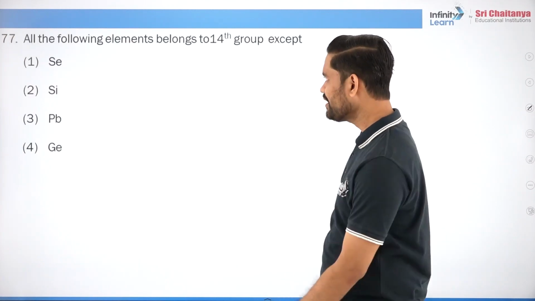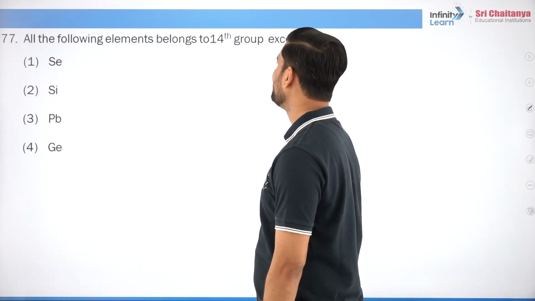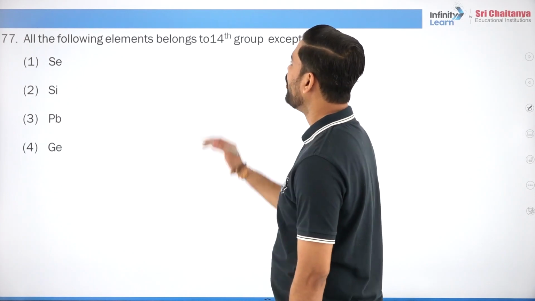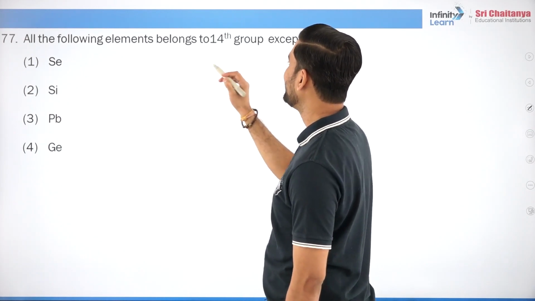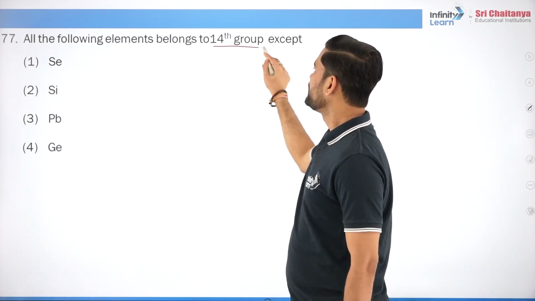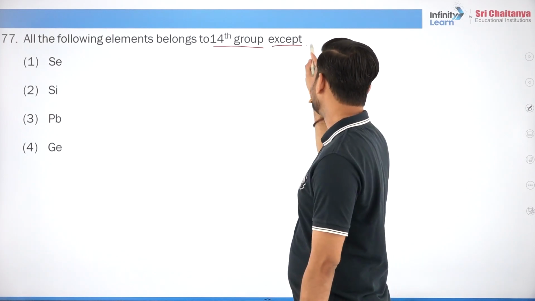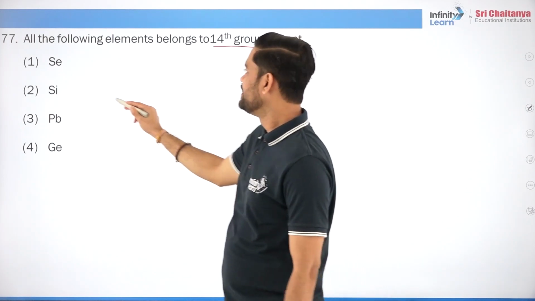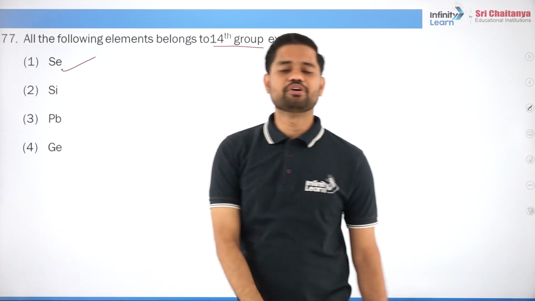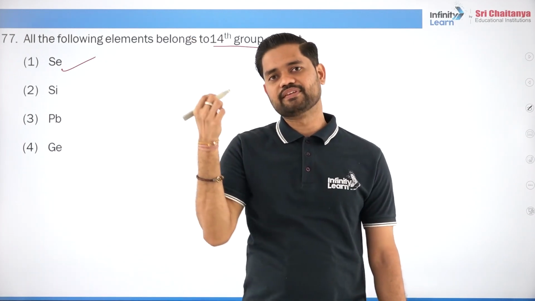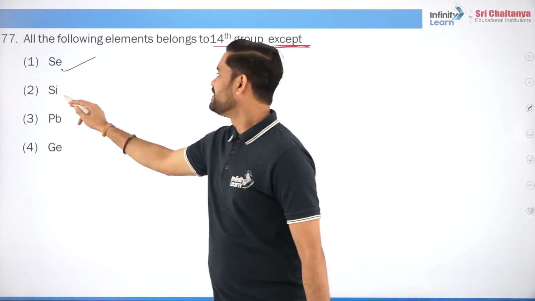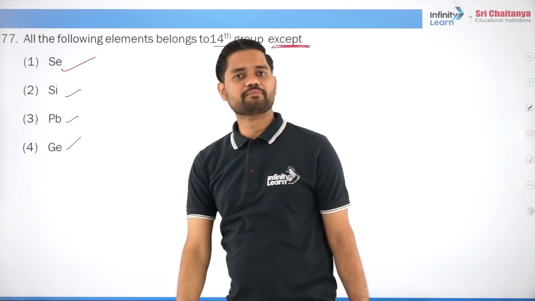Question number 77. All the following elements belong to group 14 except selenium, because selenium belongs to the oxygen family: oxygen, sulfur, selenium. Whereas silicon, lead, germanium belong to the carbon family.